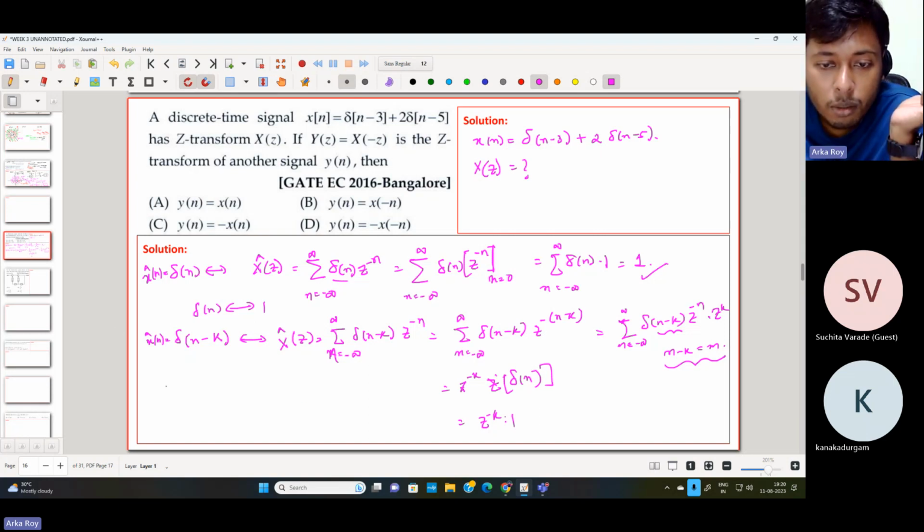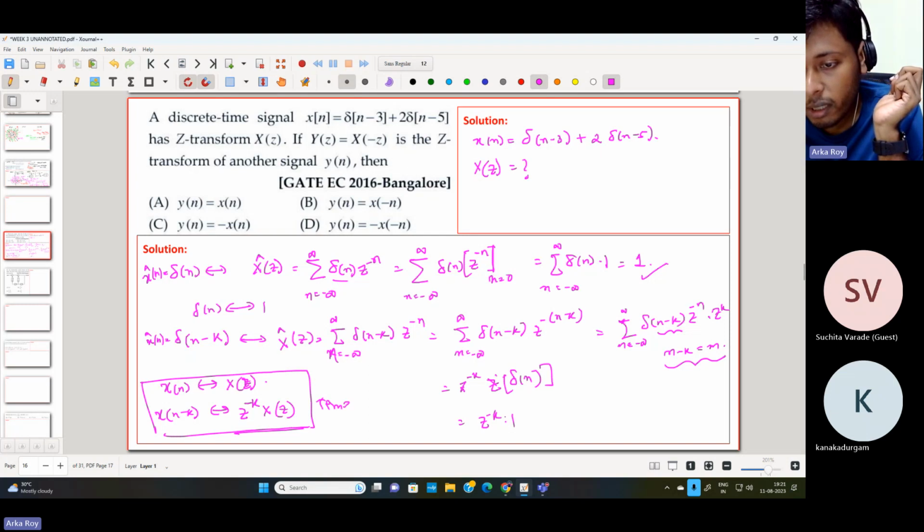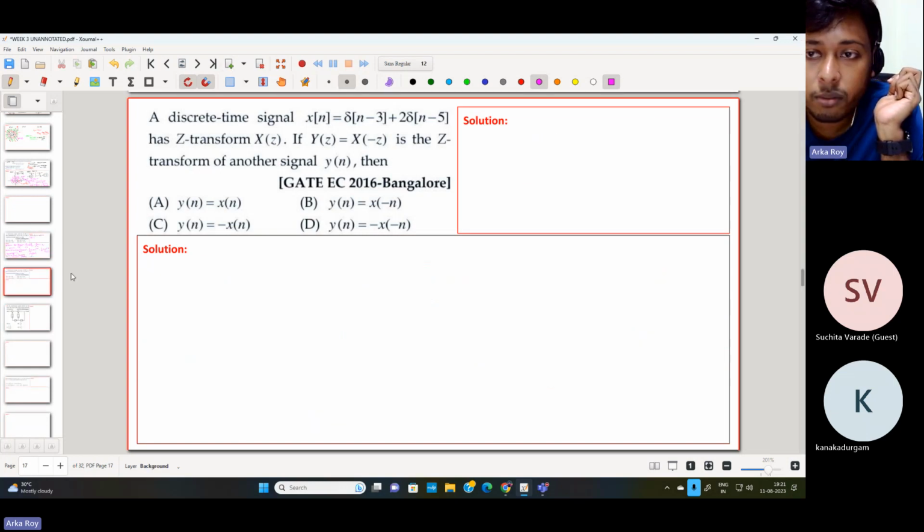The main thing is that if x[n] has z transform X(z), then x[n minus k] will have z to the power minus k X(z). This is the time shifting property.